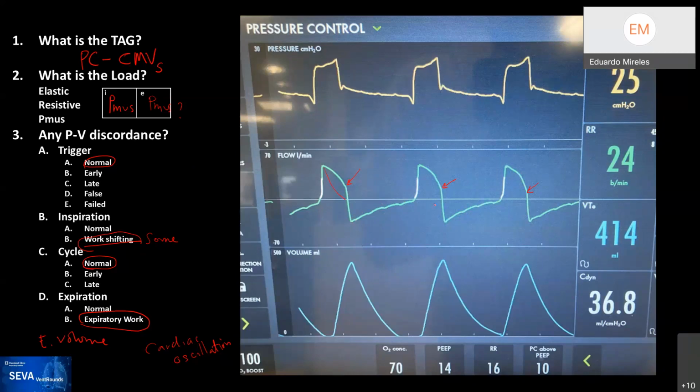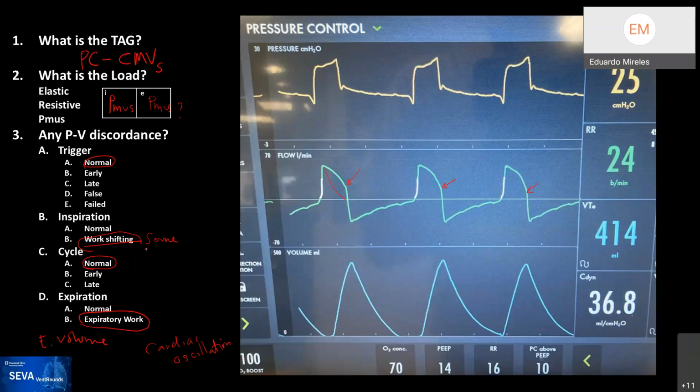And I always have a little bit of challenge with these ones because they look kind of passive and perhaps a little bit resistive, but I've been fooled many times because it's just activation of the expiratory muscle. So I like to take a look at that. So I would agree that there's some expiratory work, or I suspect some expiratory work.